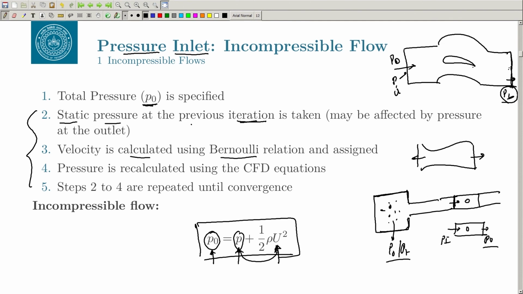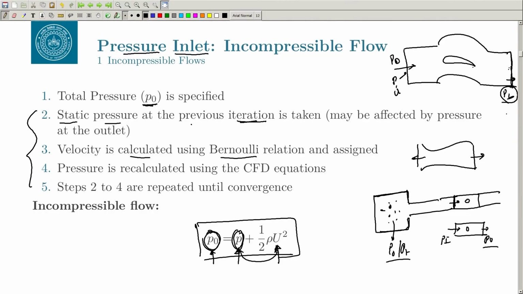Because we want this pressure to be calculated from the CFD; we can only specify either the total pressure or the static pressure. And once you give the back pressure, if you recall the incompressible flow situation, any information is basically instantaneously available everywhere in the domain, right. So, if you have a back pressure at the outlet, it will affect the flow at the inlet also, right. So, you are not fixing the static pressure at the inlet here.